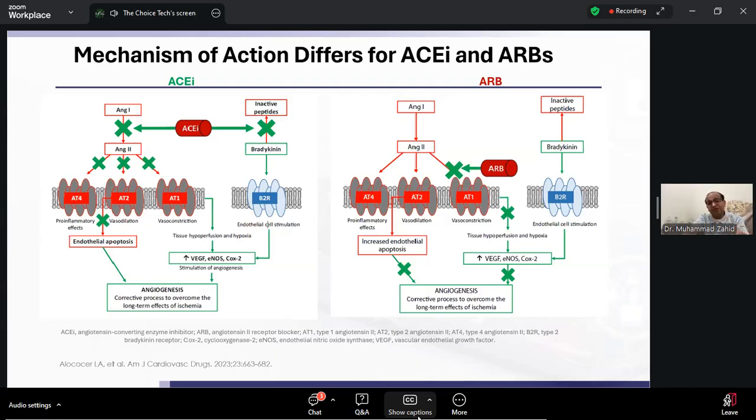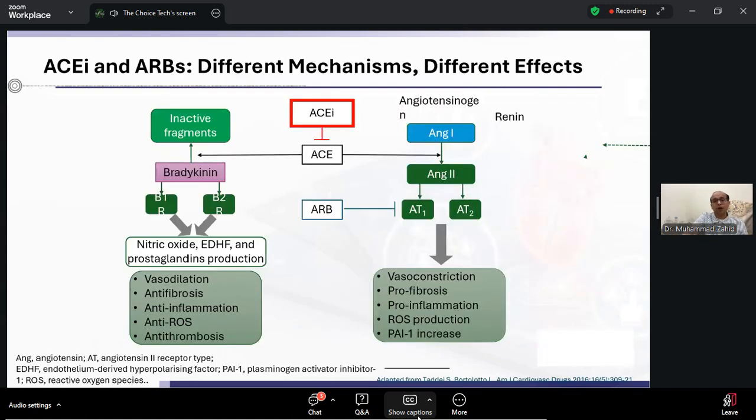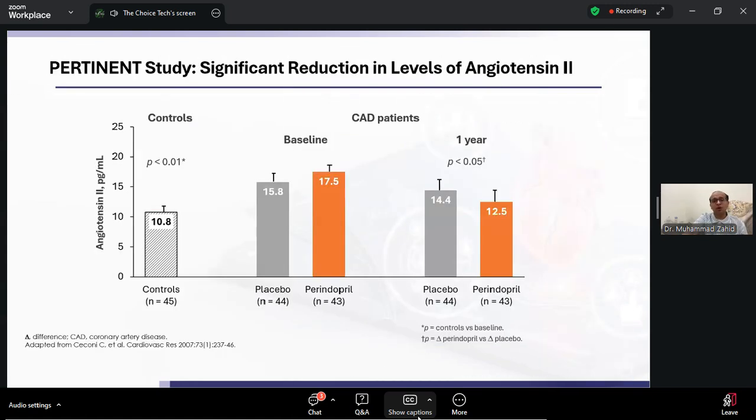Their anti-hypertensive effect is via the blockage of AT1 receptors, so the vasoconstrictive effect will be prevented, and hence the aldosterone production and the ADH production as well. More so, the blockage of angiotensin 2 leads to anti-inflammatory effects as well, and a decrease in the oxidative stress to the vessels. Okay, so that's the difference between the two.